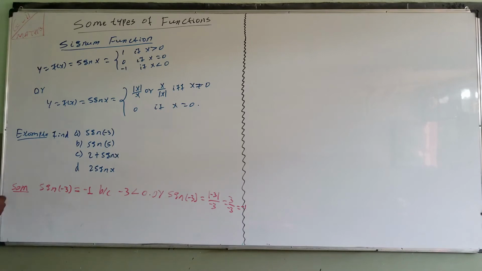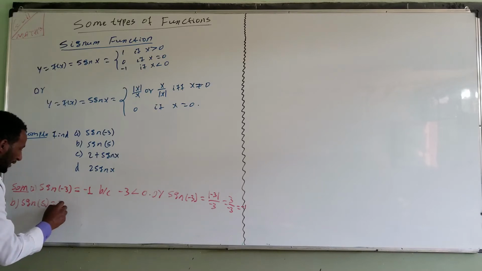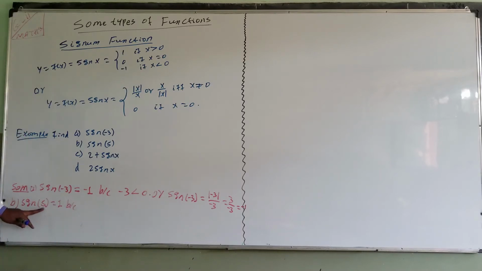And also when we find for b, signum of 5 is equal to 1, because 5 is greater than 0. Therefore, when we substitute at the place of x any positive real number, the result is equal to 1.